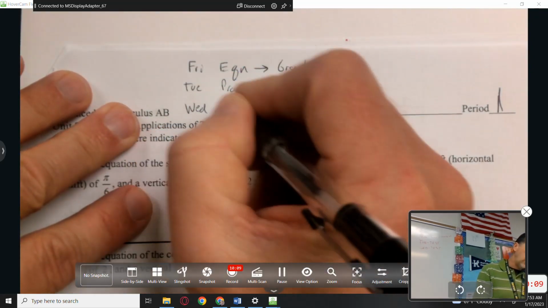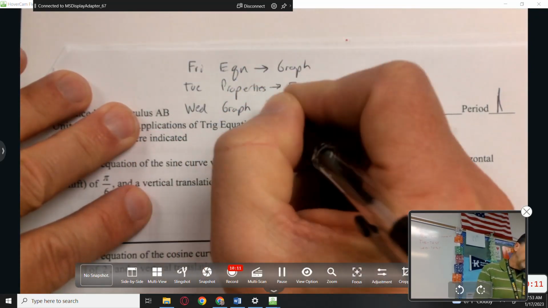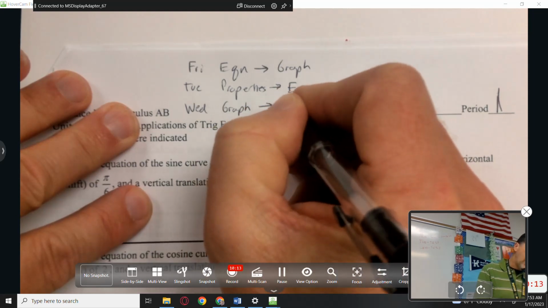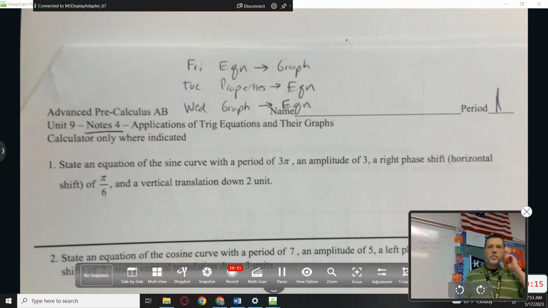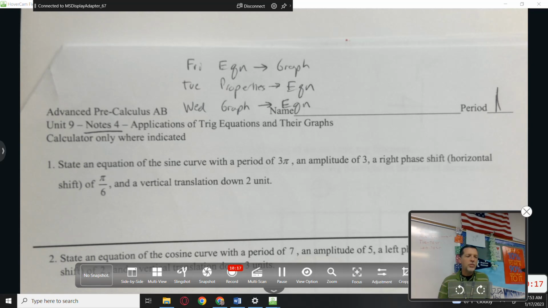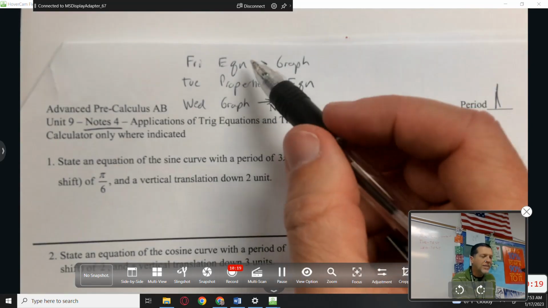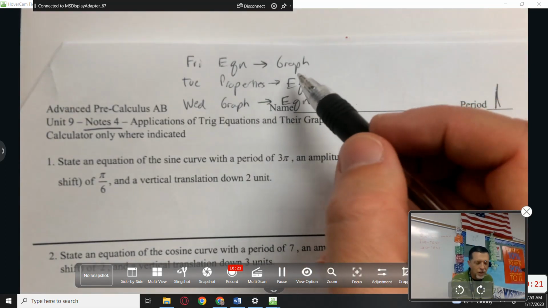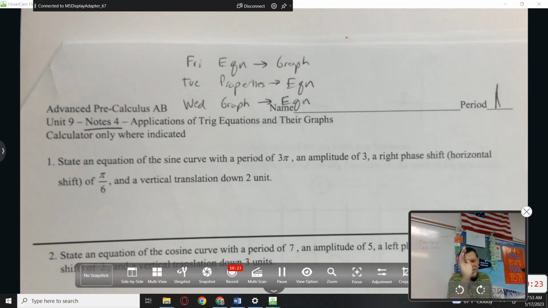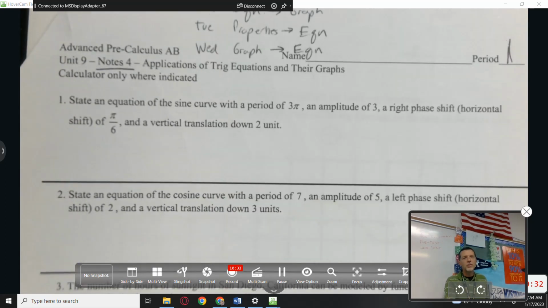And then Wednesday will be completely backwards. I'll give you the graph and you'll write the equation. So if you know how to take the equation to get the graph from the equation, the rest of this is just practice seeing if you can drive backwards. But you learn how to drive, you gotta learn how to drive in reverse. That's what we're doing today.